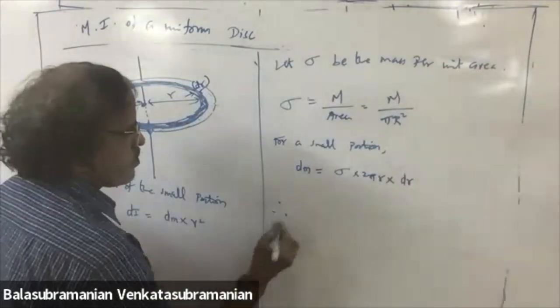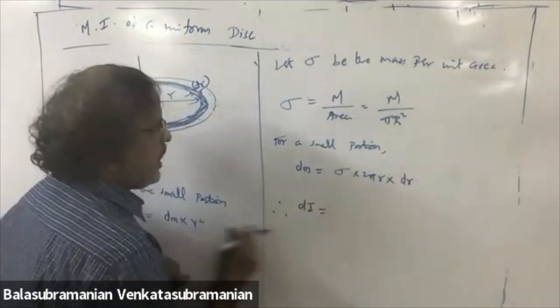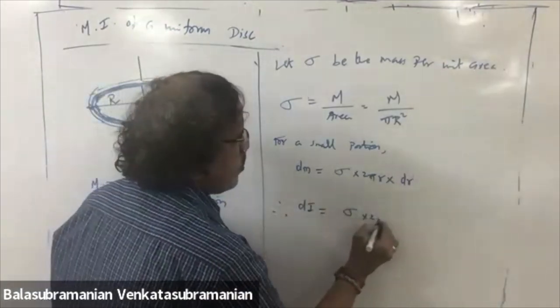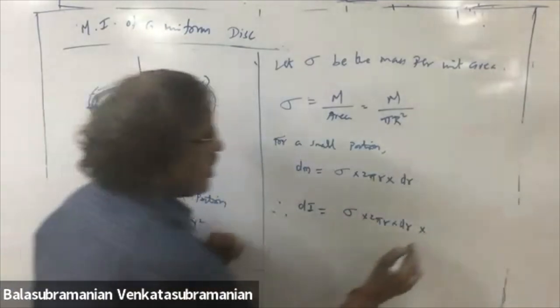Therefore, dI is equal to dm, that is sigma into 2 pi r dr, into r square.